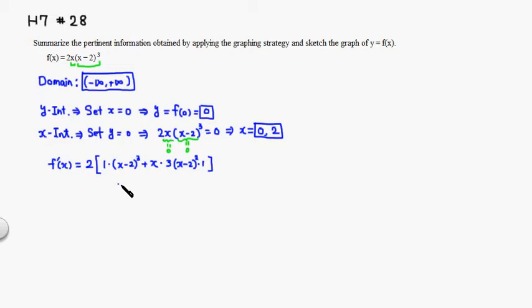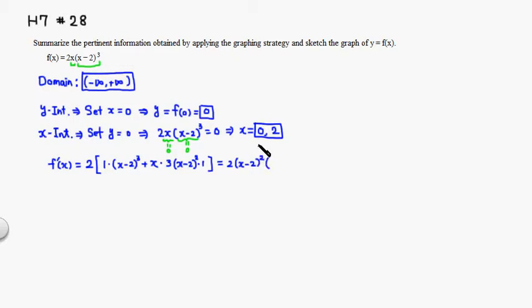Let's try to clean up a little bit. Let's factor out the common factor. You see that there's x minus 2 squared here and x minus 2 cubed, so we can factor it out. 2 is already there. So x minus 2 squared.